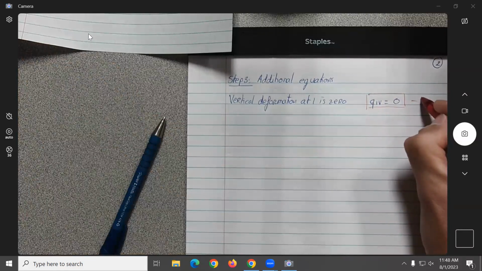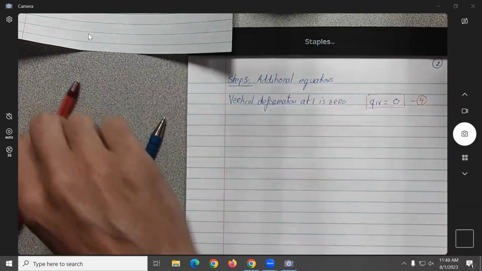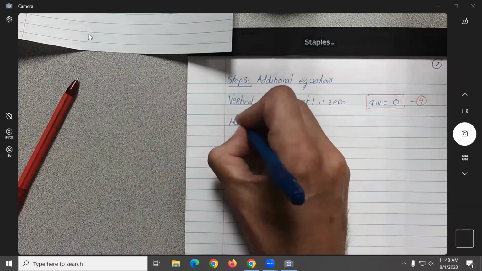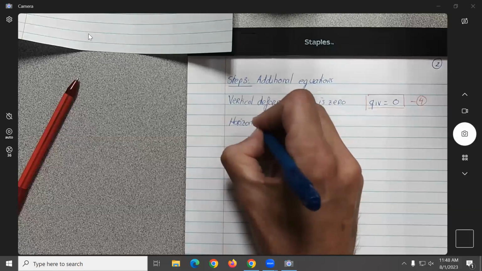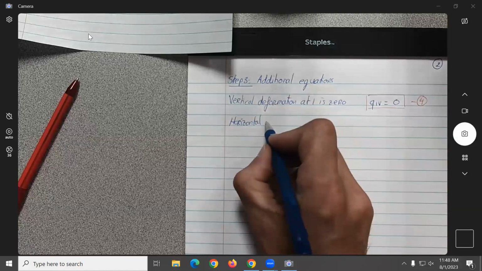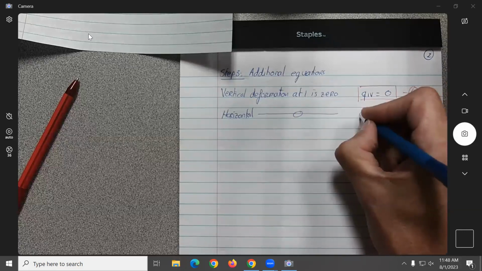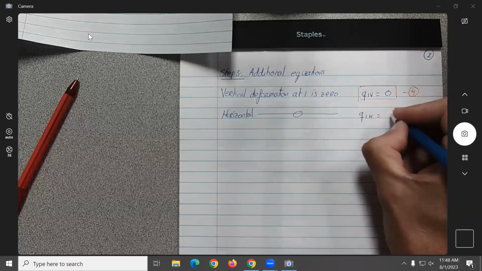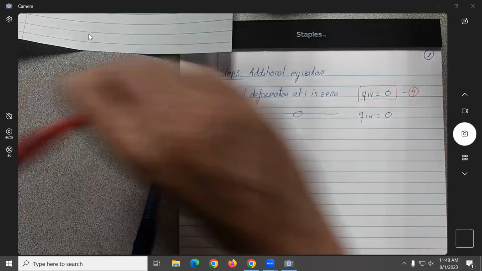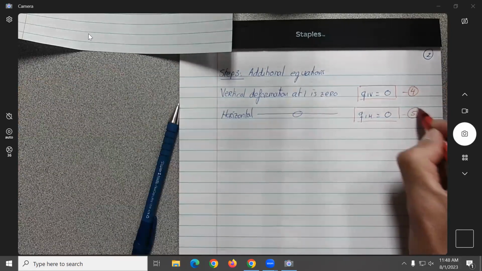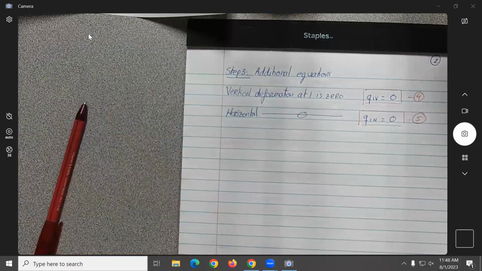That will be our equation 4. And what will be the other equation? Horizontal deformation at 1 is 0, or Q1H will be 0.